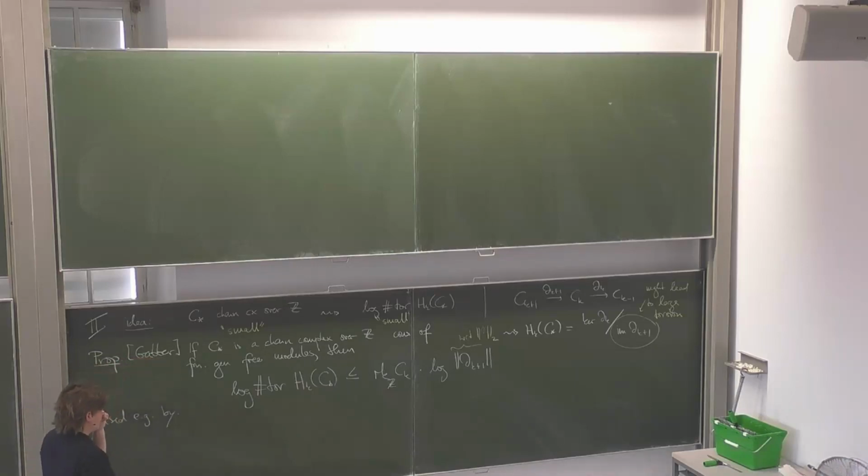This has been exploited in various ways. There are many versions of this. Let me just mention two of these. What you have to do is look at your finite index subgroups, find good chain complexes for the finite index subgroups, and then apply this estimate. One approach only works if you have a manifold model for gamma, which is very restrictive.